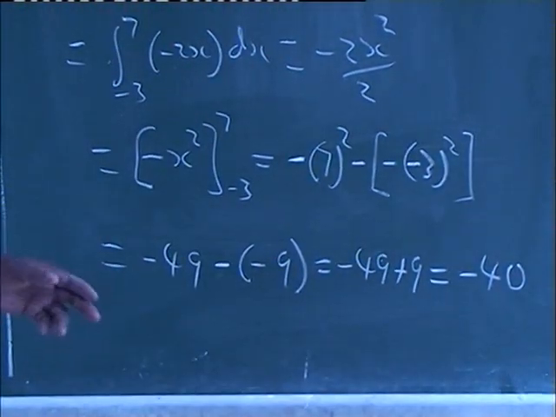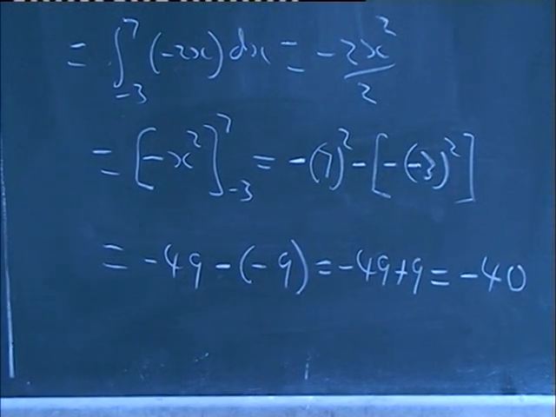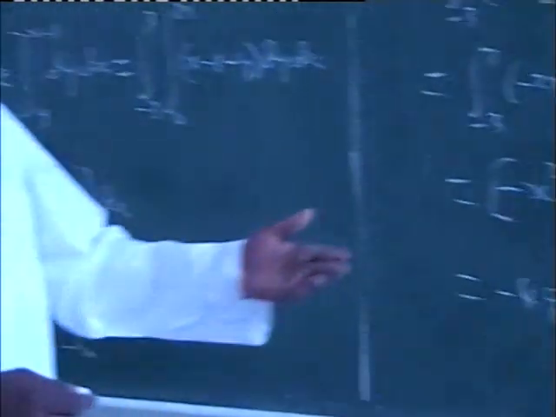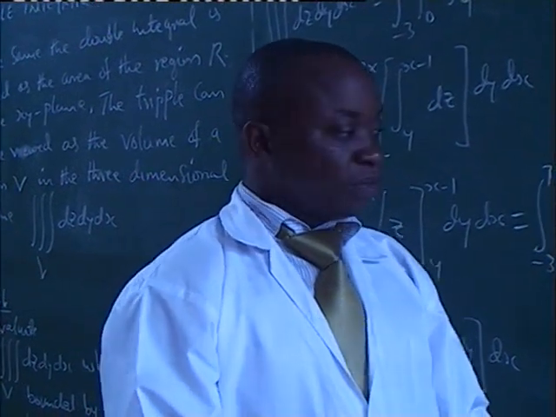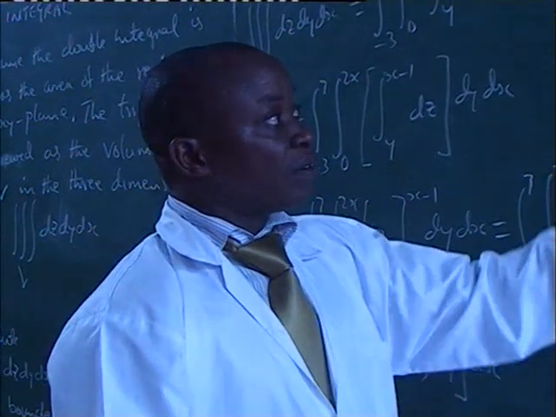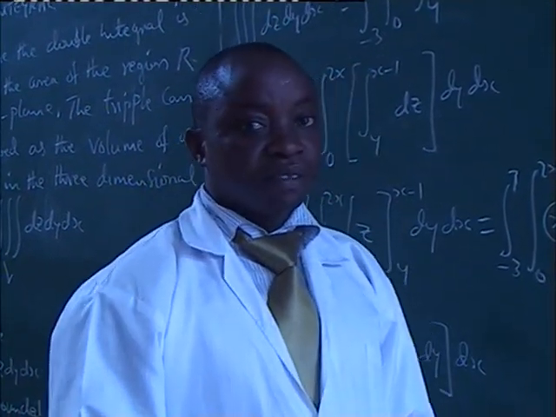So minus 40 becomes the volume of the region that we are considering. If it is in terms of meters, then we have minus 40 meter cube. We have it in cube because we are talking about the volume. So this is how we can compute the triple integral, taking one after the other.